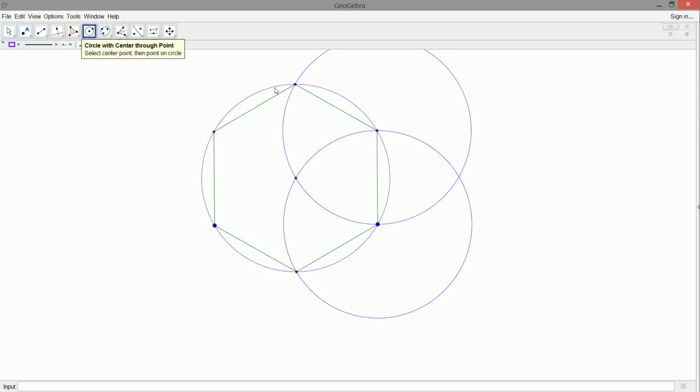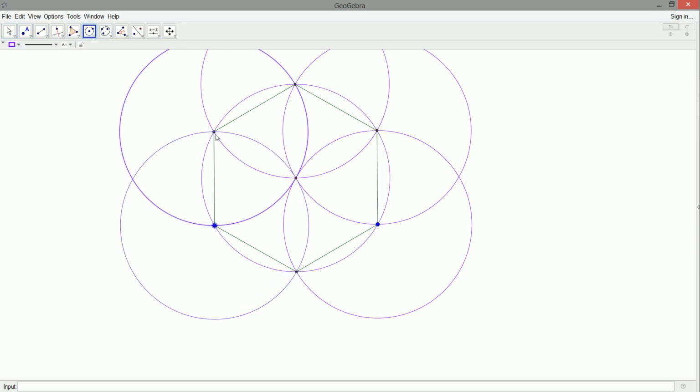We'll keep the compass tool out. We'll just do all these side lengths at the same time. We've got 1, 2, 3, 4, 5.